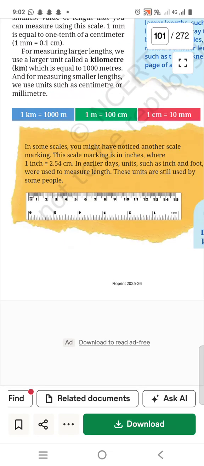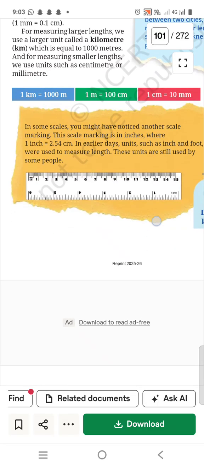In some scales, you might have noticed another marking, in inches, where 1 inch is equal to 2.54 centimeters.